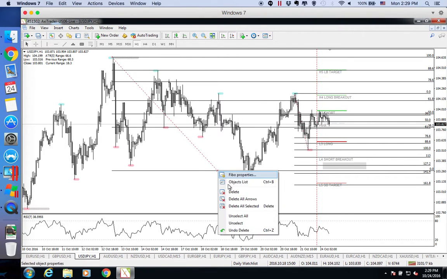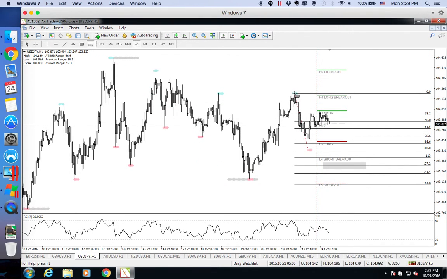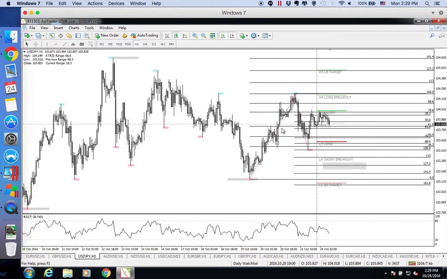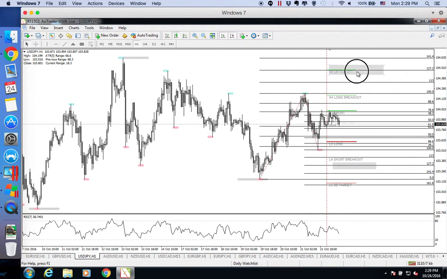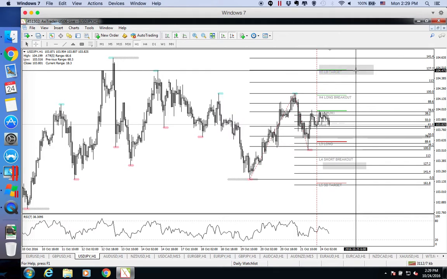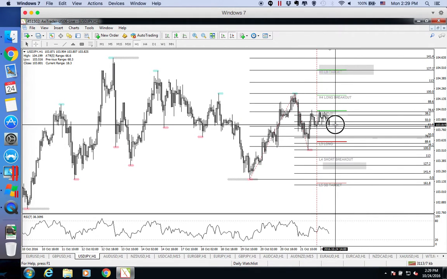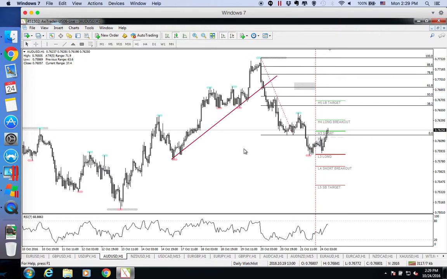Let me just do a quick check. Right, the other one is over here, also a 127 extension. Alright, in terms of price, it's at 104.45. Alright, so if price goes higher, we have a potential sell trade. If price goes lower, we have a potential buy trade. Alright, so for dollar yen, these will be the two levels to look out for today.